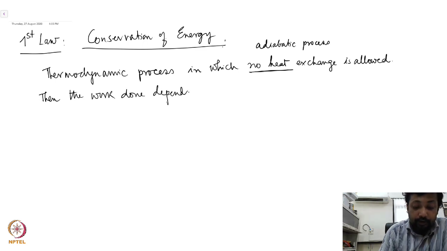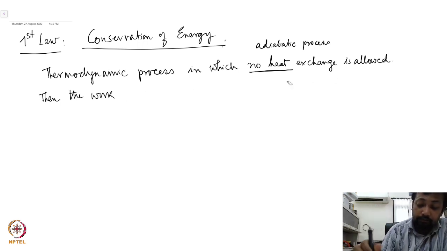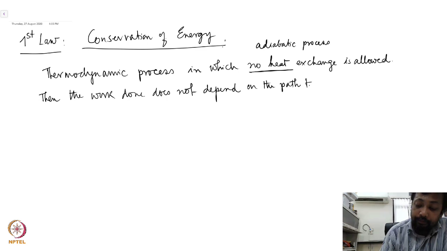depends only on the initial and the final points, or in a different way, the work done does not depend on the path taken, but rather depends on the initial and the final points.